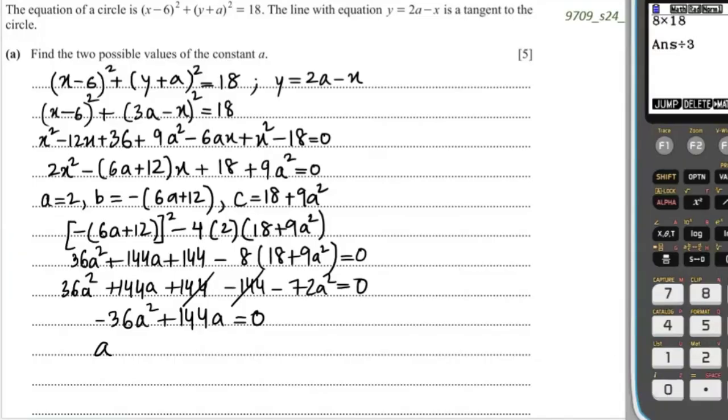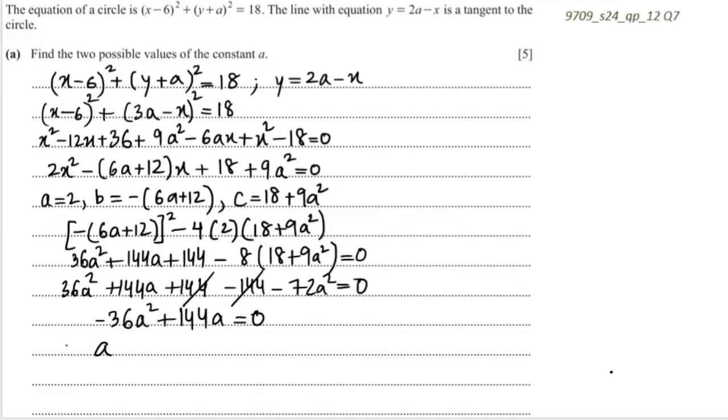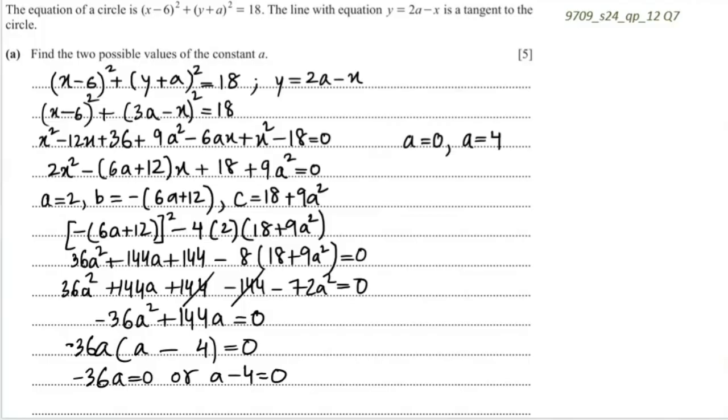So factoring out minus 36a, it's going to be a minus 4, equals 0. So that gives me minus 36a equals 0, or a minus 4 equals 0. So my answers for a: either a can be 0 or a can be positive 4. Both of them work because they were asking for two possible values of a, and I solved this quadratic equation to get two possible values.